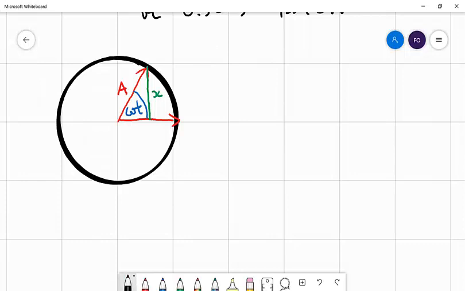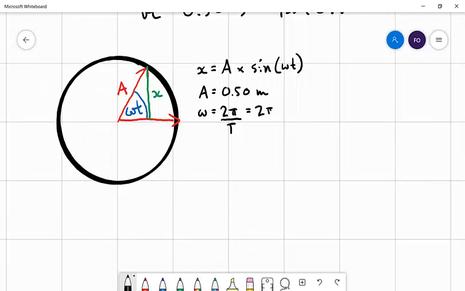So we can say that x is going to be equal to A times sine of omega t, where A was equal to 0.5 meters, and omega is going to be equal to 2 pi over T, which is 2 pi over 2, which was our time period, which is just pi, and t was 0.30 seconds.